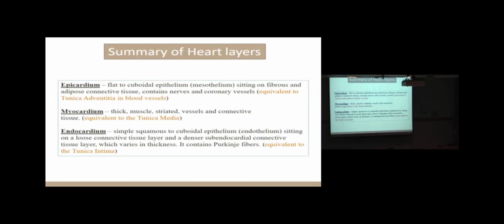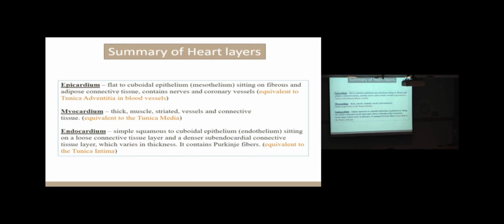Okay, so just in summary, epicardium, a flat to cuboidal epithelium called a mesothelium, that is sitting on fibrous and adipose connective tissue containing nerves and blood vessels. The myocardium, the thick striated cardiac muscles. There'll be some blood vessels, and you'll see the connective tissues that we talked about earlier, the endomysium and the perimysium.